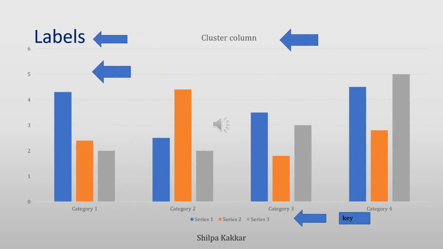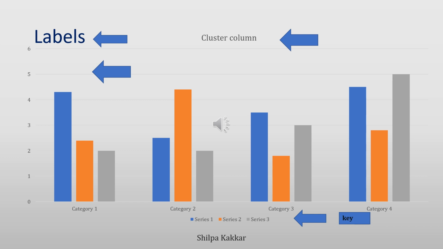This is a cluster column chart. In this, you can see how the things are given in the graph. We have to see the key, the label, the heading. All these things are very important. So, this is one of the examples of a chart.